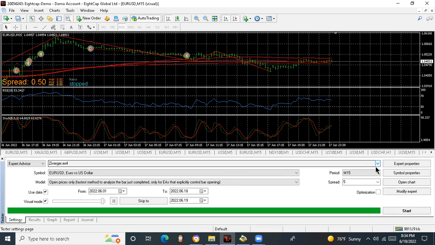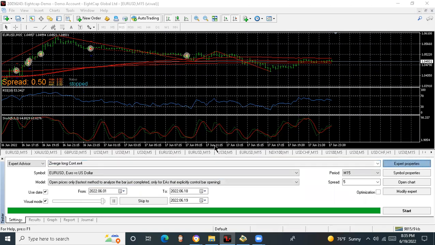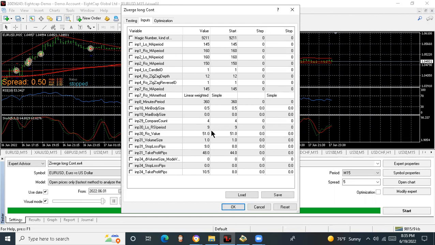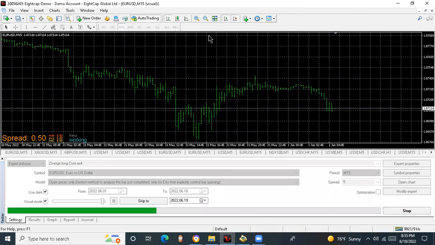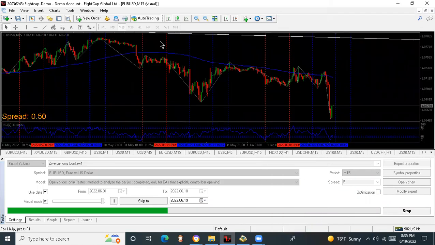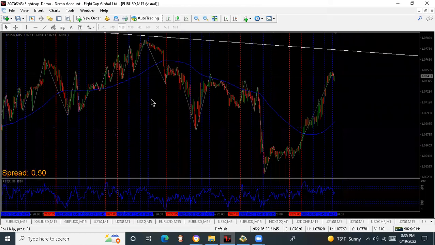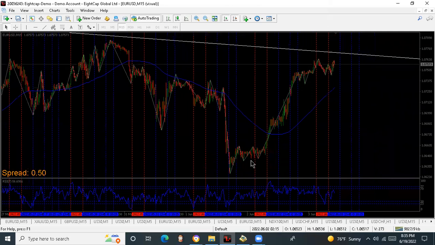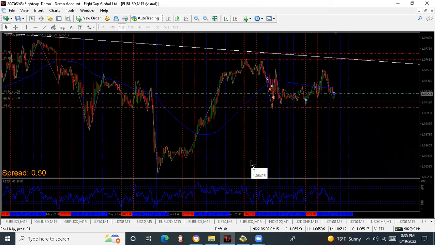I can, let me see. Let's do long. I think those are the longs. Let's see what this shows up like. This should be catching the long trades. Okay, all right. Yeah, there we go.